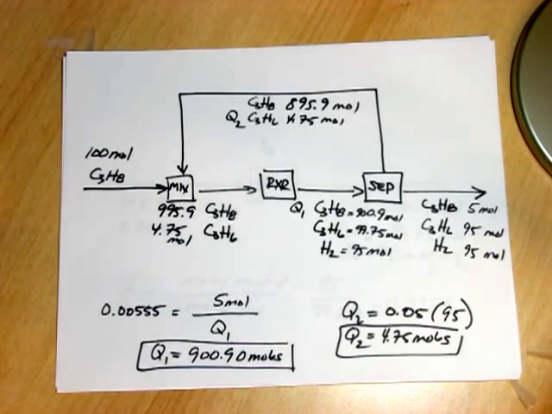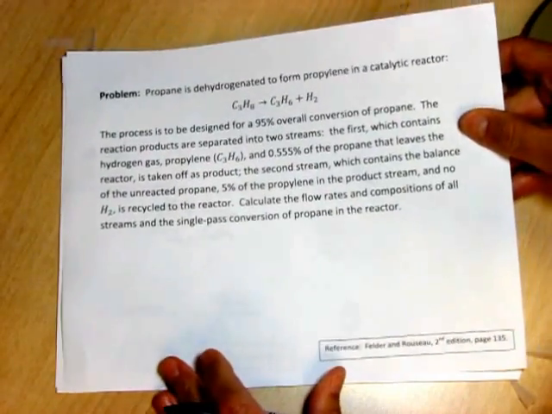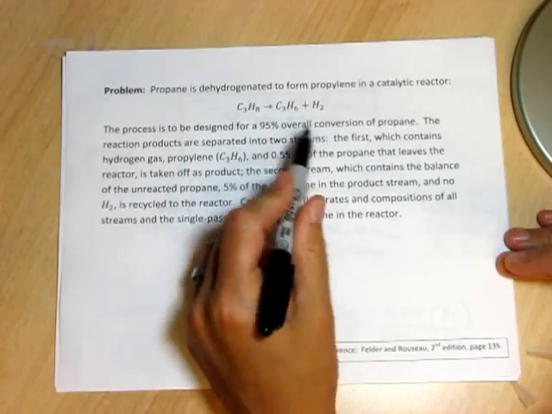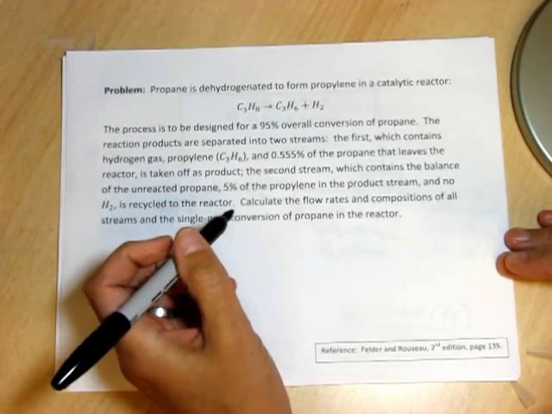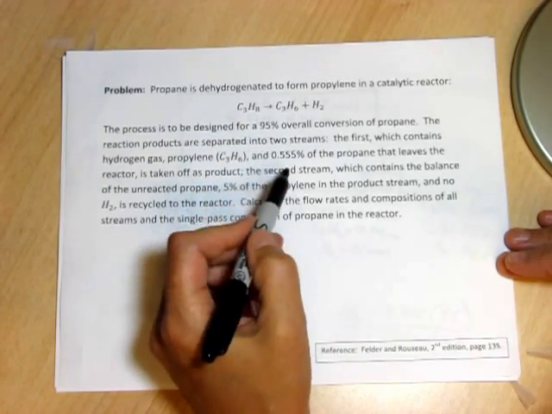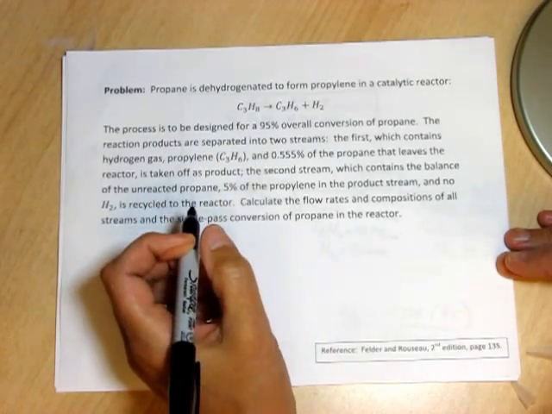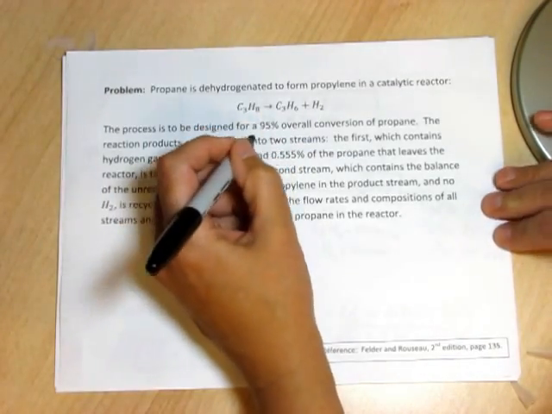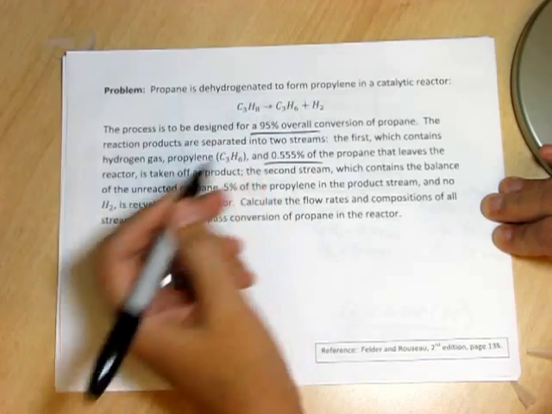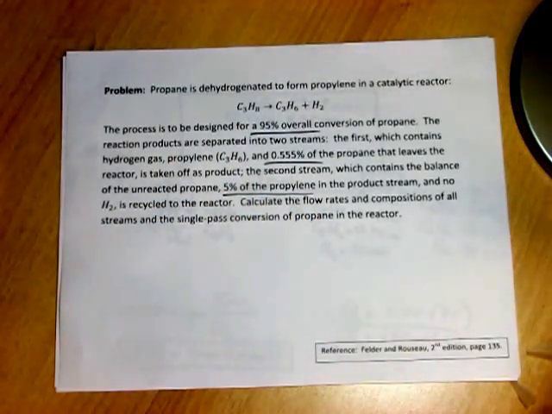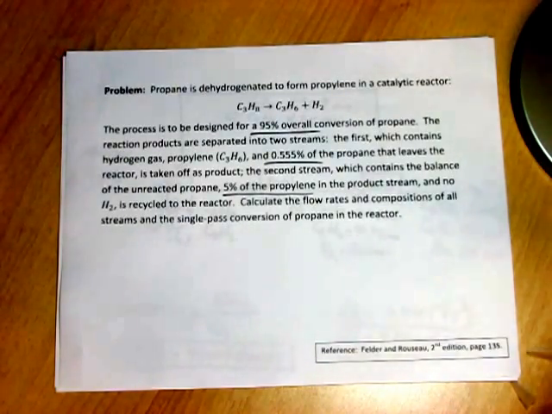So in summary, although a long problem, the key steps to solving this problem were to read the problem many, many times, to be very careful in drawing the units that are in the flow chart, including what compound goes in each stream, and then finally to use the bits of information that are supplied by the problem statement or that are known, and each one of those can be used to get to a fact that we needed to perform the mass balances.